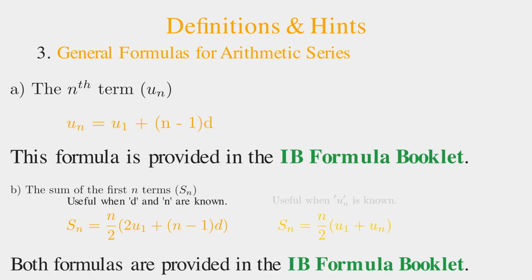The second sum formula is S_n equals n over 2 times u_1 plus u_n. This is more efficient when you already know the first term and the last term. Both of these formulas are clearly listed in your IB formula booklet, and they are very important. Knowing which formula to use can save you precious time in exams.